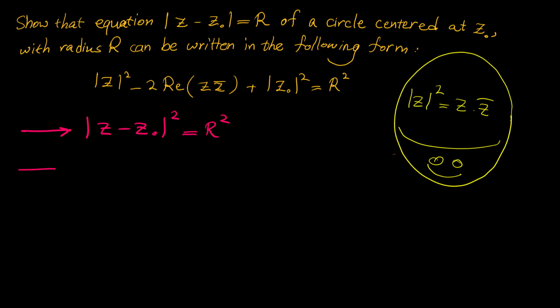So let's continue. Instead of modulus of z minus z0 to the 2, I want to write it in this form. So we have z minus z0 times the conjugate of z minus z0.